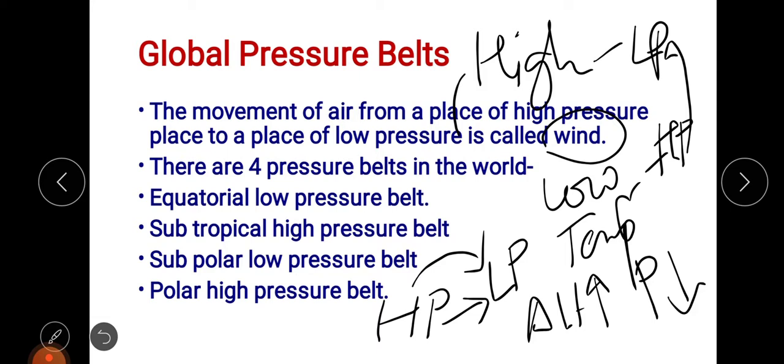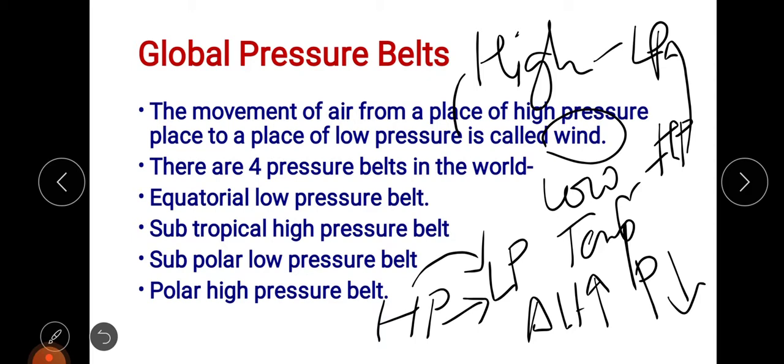Wind. Basically there are two pressures, one low and one high. So air moves from a high pressure region towards a low pressure region, and that is called your wind.